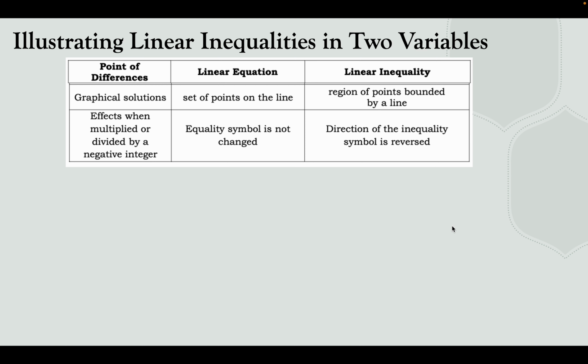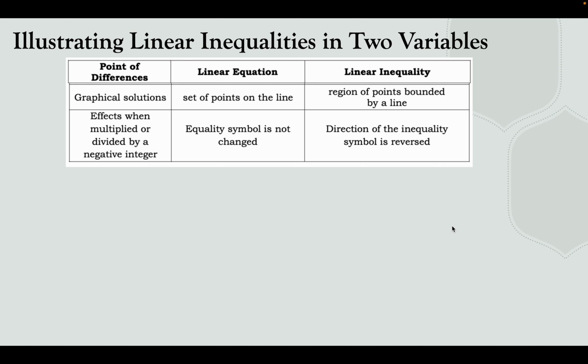Next, the effects when we multiply or divide by a negative integer. For the linear equation, the equality symbol is not changed. For the linear inequality, the direction of the inequality symbol is reversed. When we multiply or divide by a negative integer, for example, if the given symbol is greater than, the direction of the symbol will be reversed, so it will turn into less than.